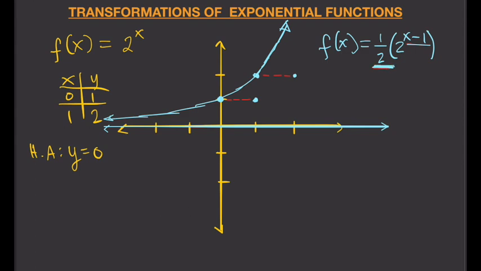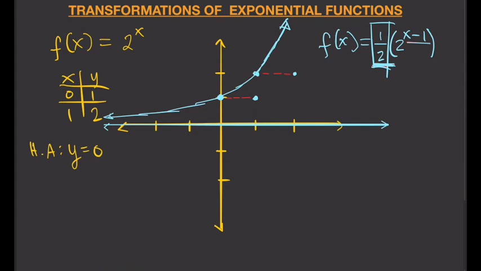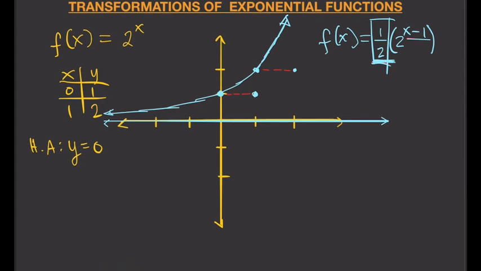What this number does to our points is we're going to multiply this number to whatever the y value of our transformed points is. So this one is 1 unit. 1 unit times 1/2 means 1/2, so we will move down to 1/2 unit.